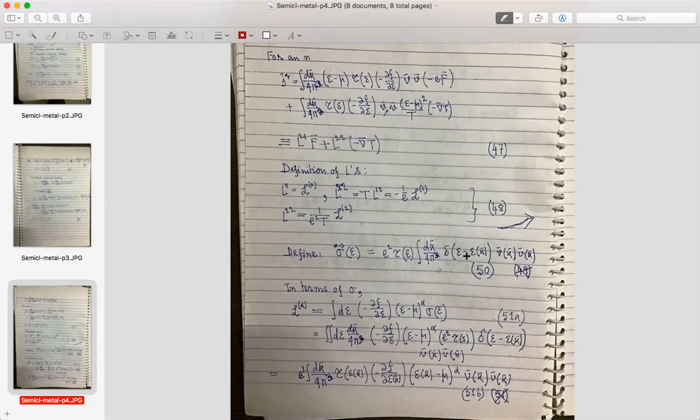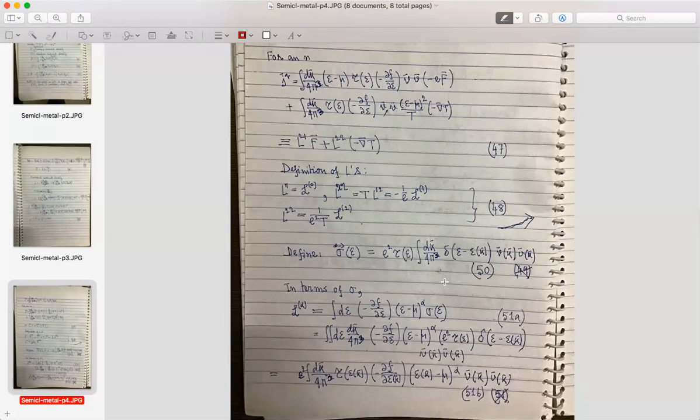Now that del F del epsilon is of course significant, as we argued, only near the Fermi energy. So this equation 50 involves a bit of an order of magnitude argument. We know that del F del epsilon is non-zero only close to epsilon F. Therefore, we can replace that by a delta function.